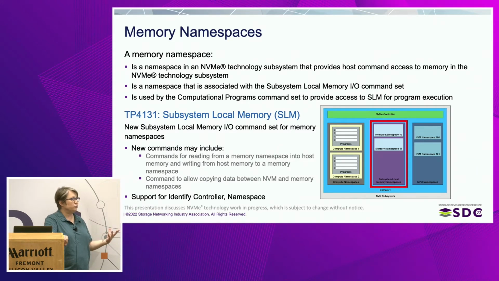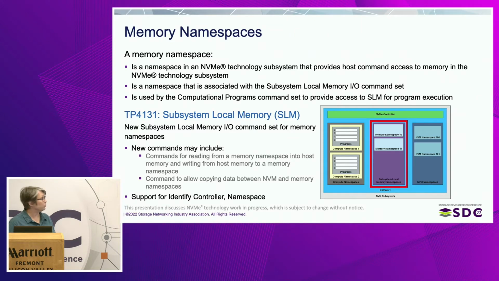In order to run a program, you may want to copy data out of one of those NVM namespaces into the memory, run a program on it, the program writes the output, and then maybe you want to put it back in an NVM namespace, or maybe you want to read it to the host. I have some flows to walk through for that, just to show you how that works.